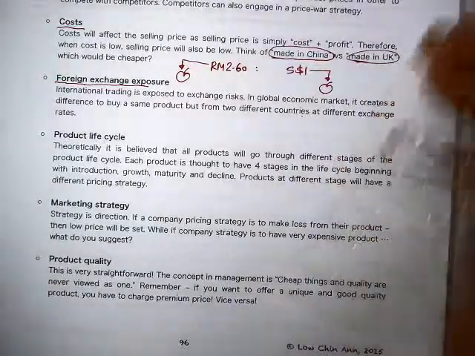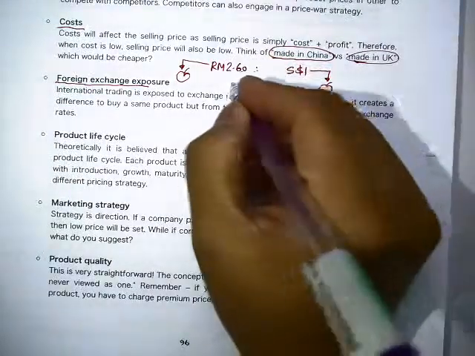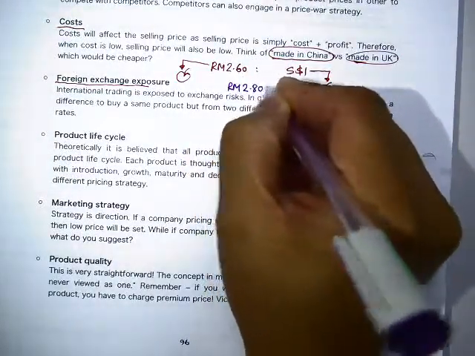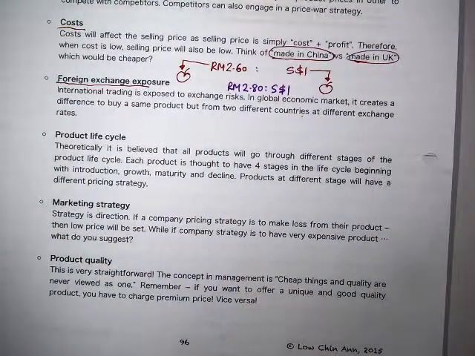Suddenly the exchange rate starts to move. Assuming that the ringgit devalues, now 1 Sing dollar is 2 ringgit 80. Which apple is cheaper now? Malaysia apple or Singapore apple? Who is cheaper?